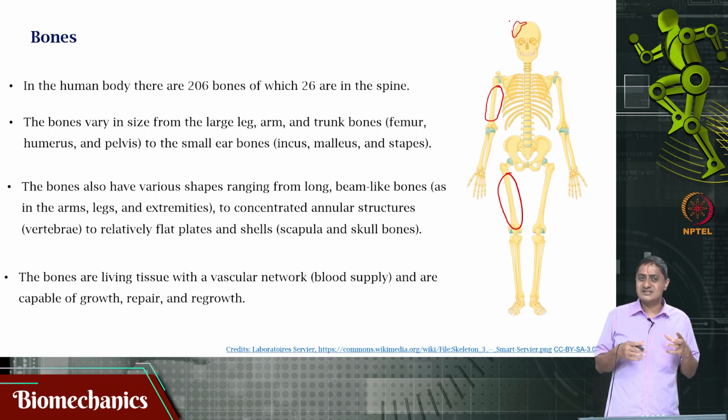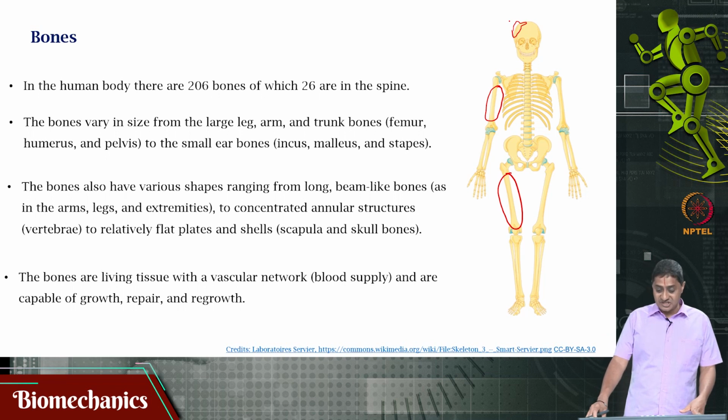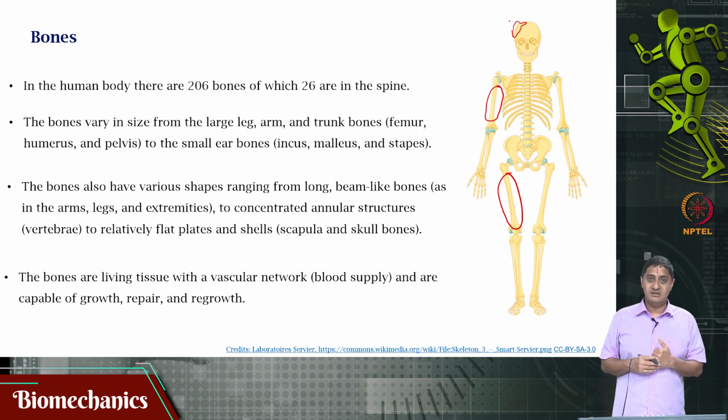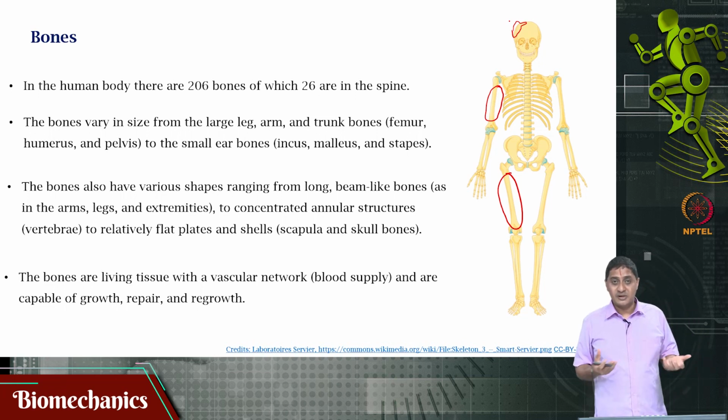Here we are discussing shapes and sizes and the material property of bone. So these flat bones, like flat plates, are joined together to form the skull, whose essential function is to protect the brain. In the absence of the skull, the brain cannot be protected.